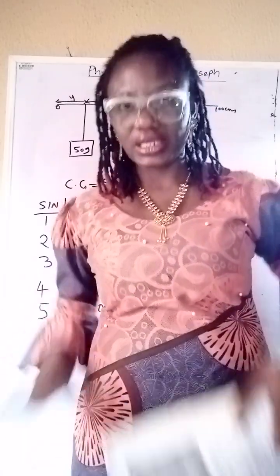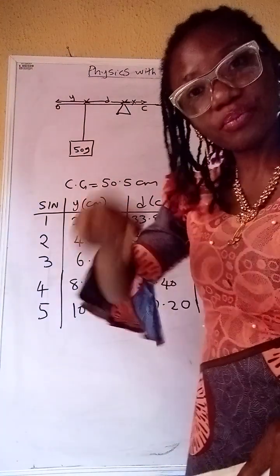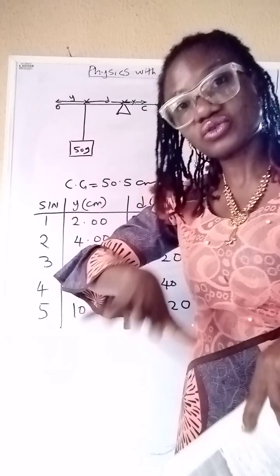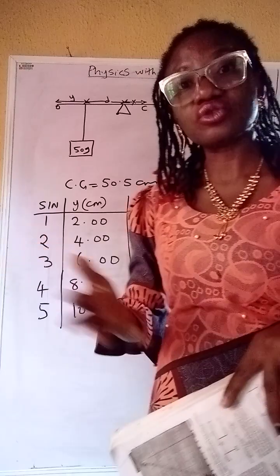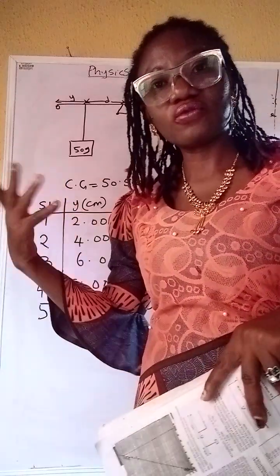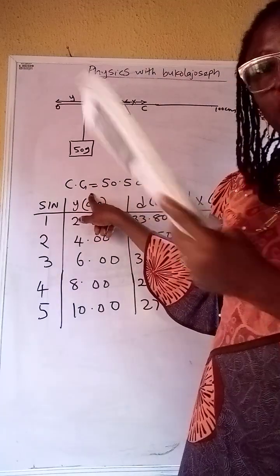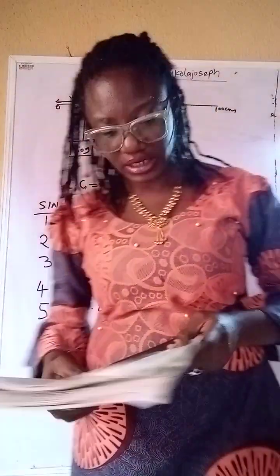Then you have a point where the meter rule is balanced. You get your point out. It should be within the range of 49 to 51. According to what we have on our past question, it is 50.5 centimeter. So now let's go.